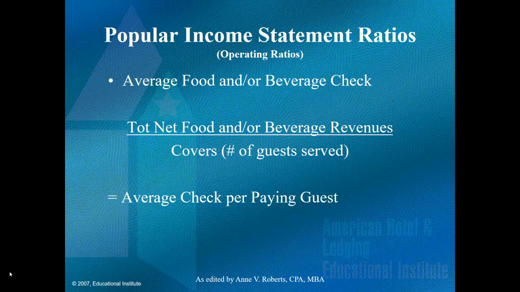So when you apply this ratio, depending on which food service you're looking at, we can come up with a very different average check per paying guest, because breakfast costs less than lunch, lunch costs a little more than breakfast, and dinner costs more than both, okay? So again, one ratio applied different ways.